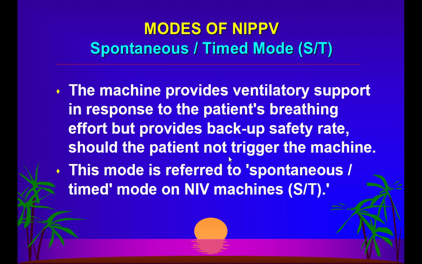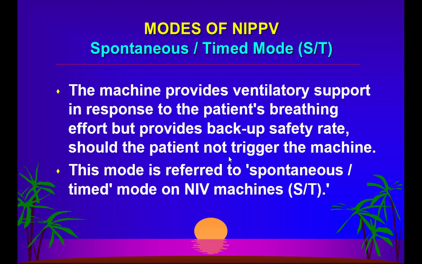Whereas in NIV, the IPAP swings from the baseline and the EPAP also swings over the baseline. So if you set an IPAP of 10 and an EPAP of 6, then the pressure support would be only 4. Your high pressure would not exceed the IPAP. So that is again different in non-invasive ventilation as compared to invasive ventilation. This is something that you have to remember.